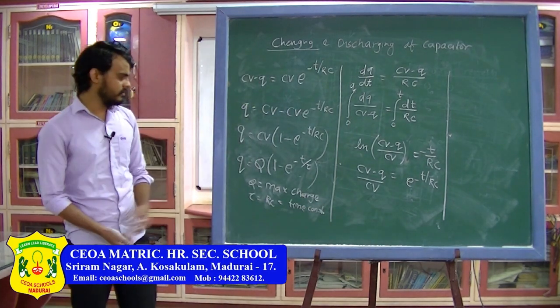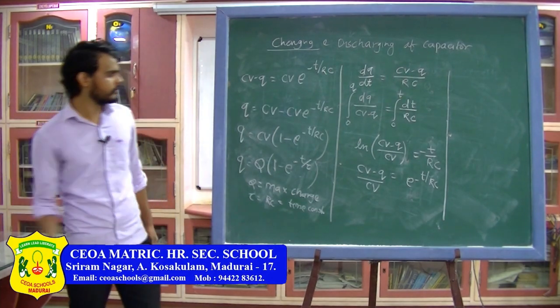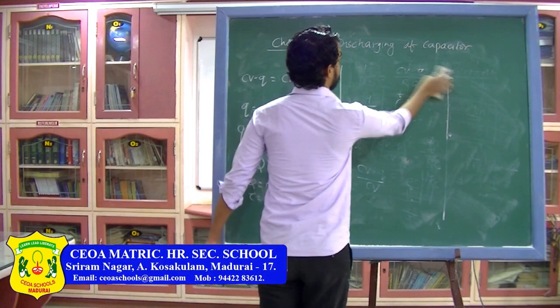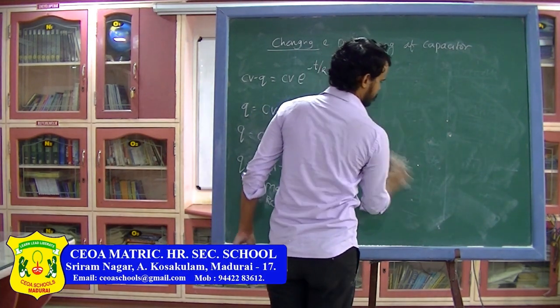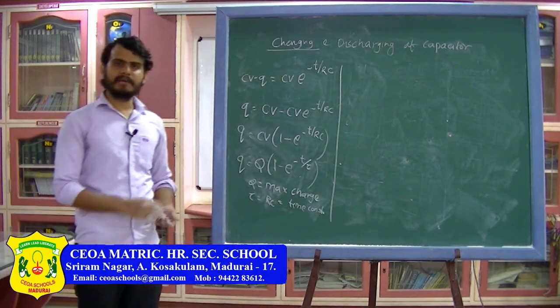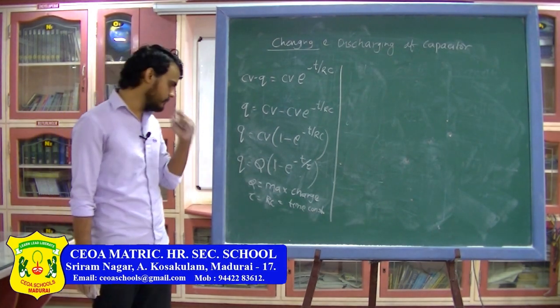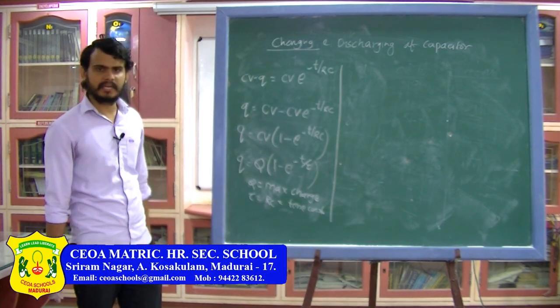So here you have to remember this formula, charge on the capacitor as a function of time. Now you know the charge on the capacitor as a function of time. If you divide both sides by capacitance, you can get the voltage across the capacitor also.